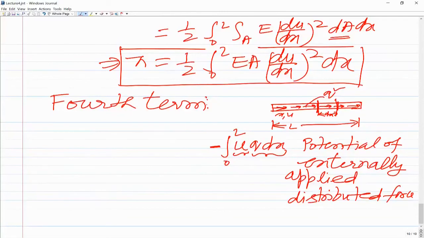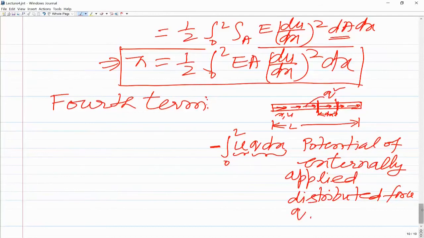So when the body has deformed by this displacement U, essentially the capacity of the force Q to do work has reduced by this amount, the integral from 0 to L of U Q dx. So the minus sign is because the capacity of Q to do work has reduced. So this is the potential of the externally applied distributed force Q. So that's the fourth term.